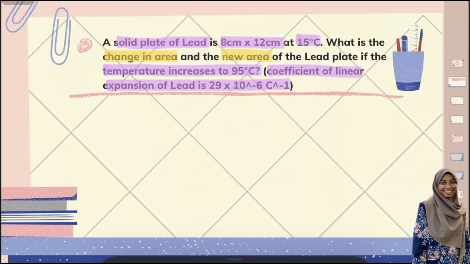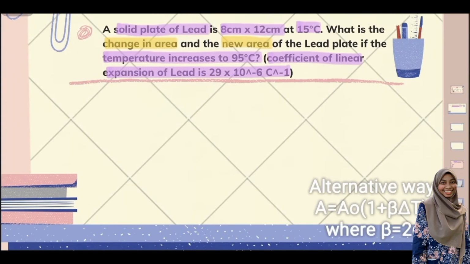The coefficient of linear expansion of lead is 29 times 10 to the power of negative 6. The one that I highlight with purple color is the information given, and the yellow one is the question that we need to solve.